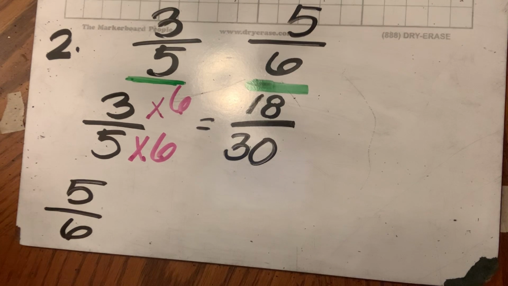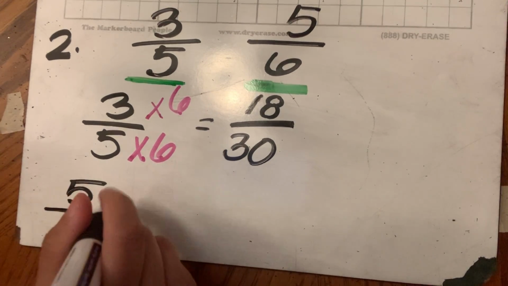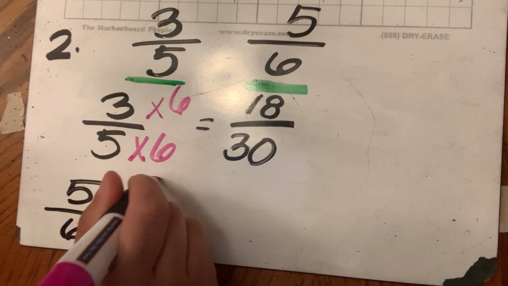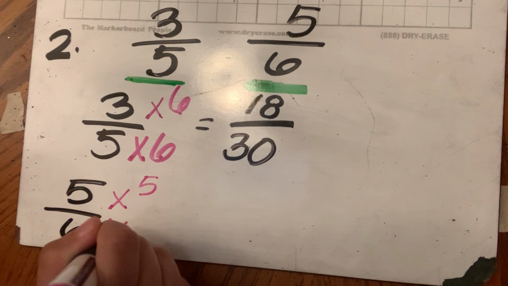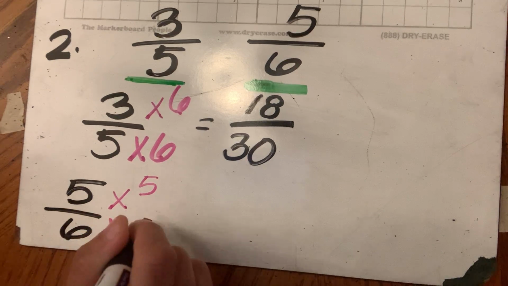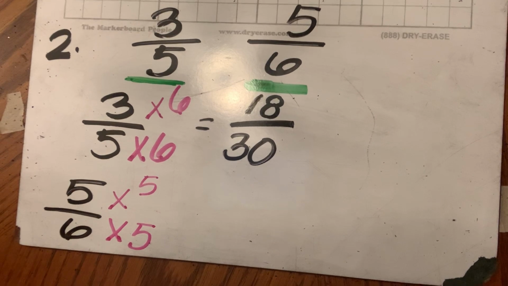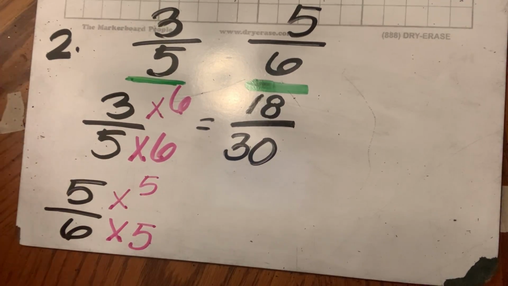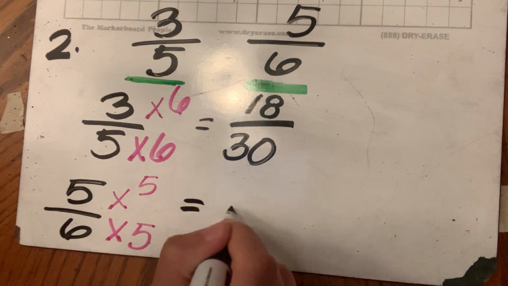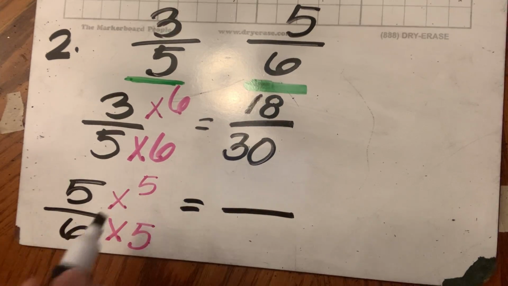So that means I'm going to multiply by 5. And if I do it to the top, I have to do it to the bottom, right? Now I know that, what's 5 times 5, boys and girls?